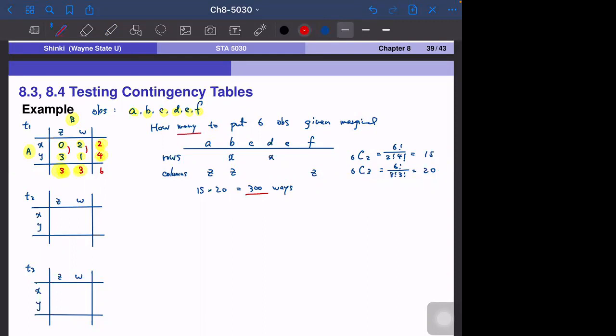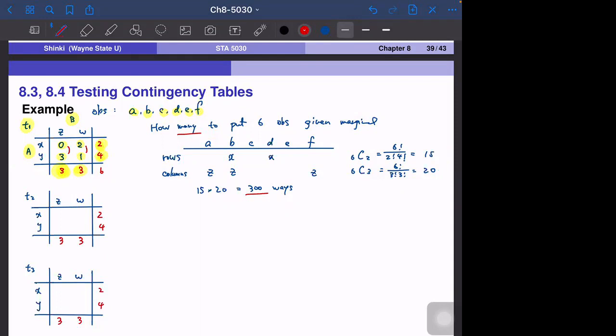Then we think about how many of them make this table T1, and also the other possible tables we consider. So given the marginals, the marginal numbers should be 3, 3, 2, 4.